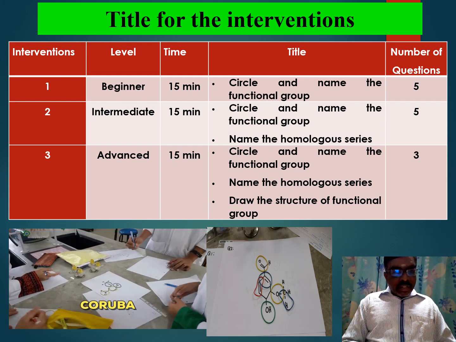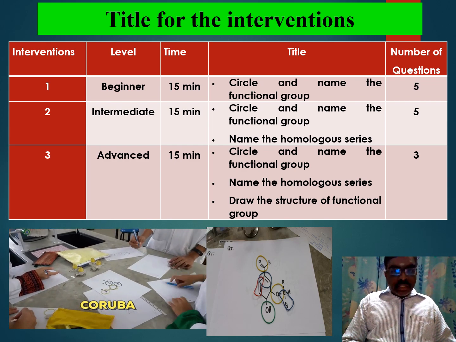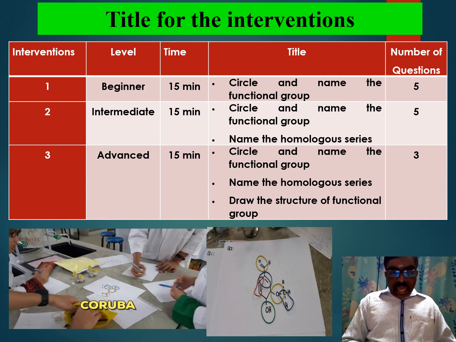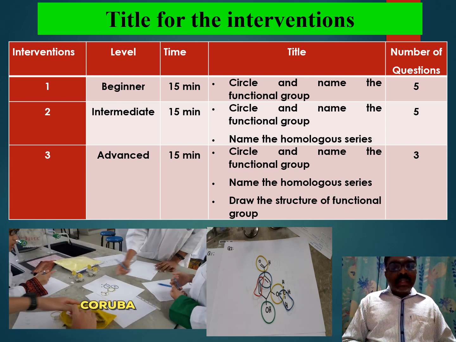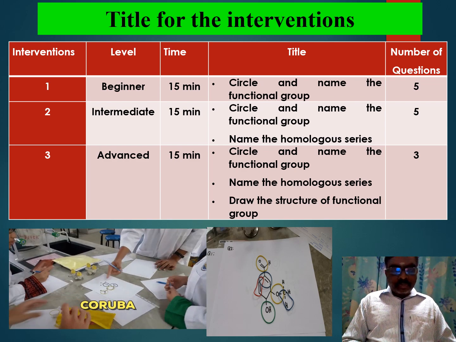In intervention 2, the intermediate level, the time given is still 15 minutes. 5 questions will be given, and students have to circle and name the functional group, and also name the homologous series involved in the question.